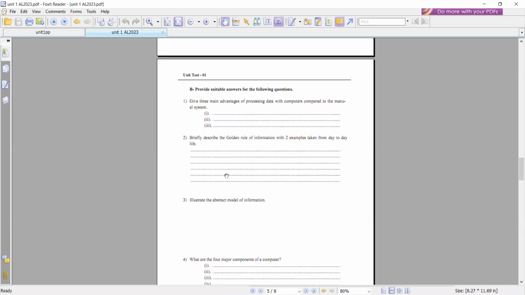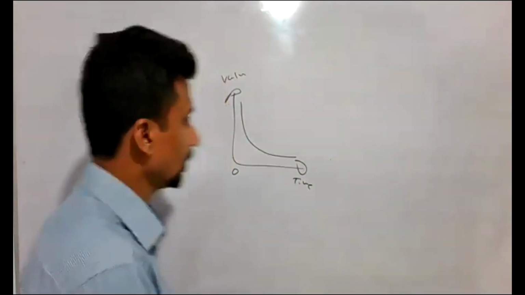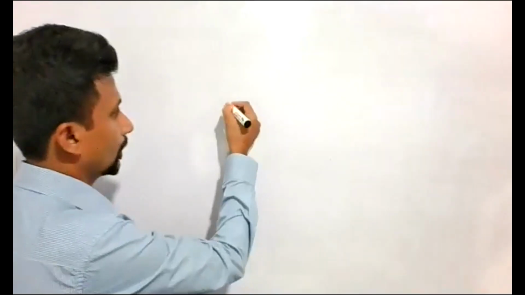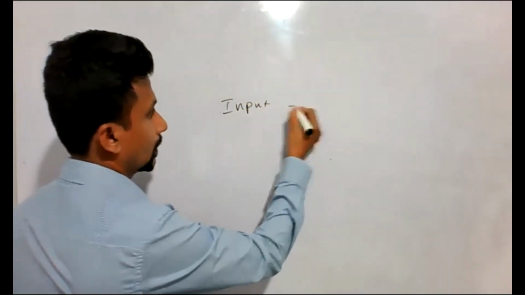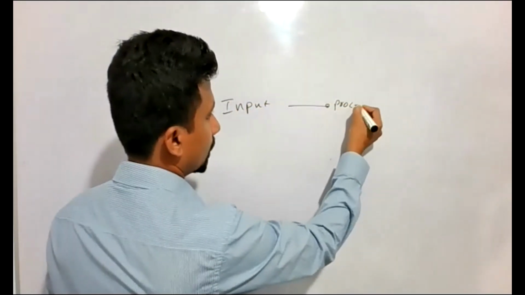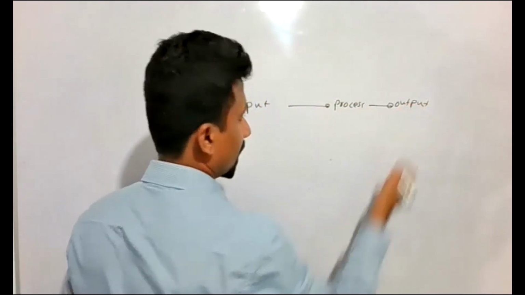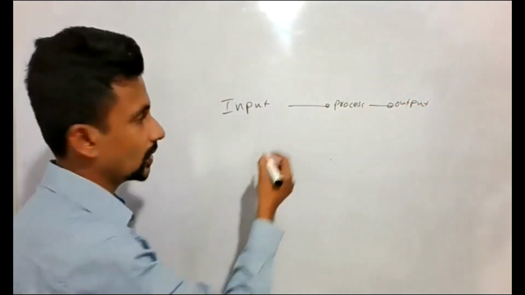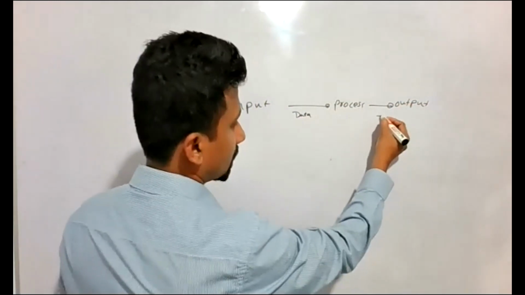Then illustrate the abstract model of information. The abstract model of information is like this. You get input, process, output. This is the abstract model. So what you are getting as input? Data. What you are getting after processing as output?